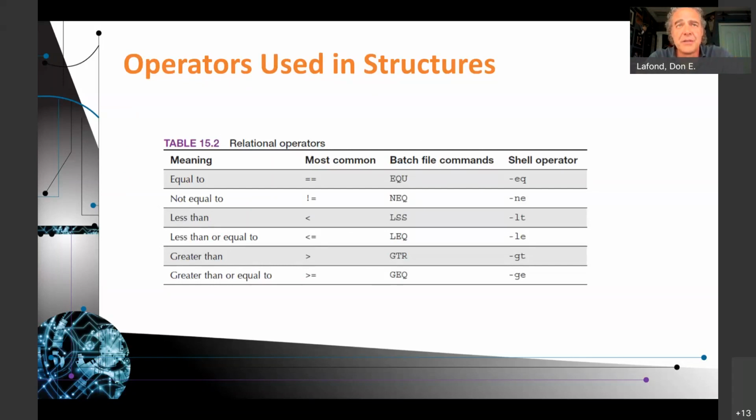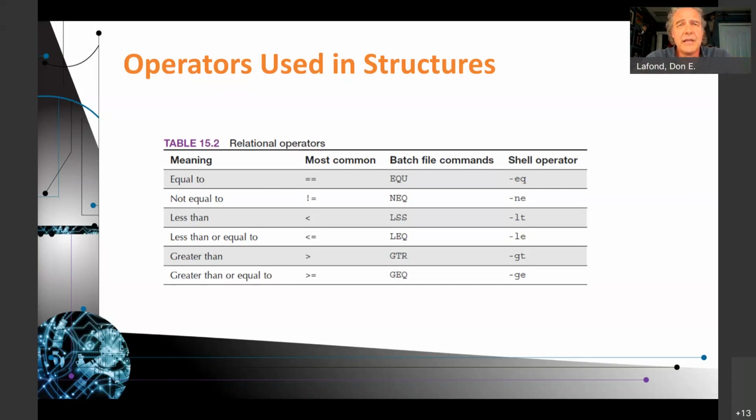Remember, I told you, it doesn't literally mean equals. It means put this in that other location, in that memory location. Then we need something for when we do want to indicate equals. The most common operator for that is the double equal sign. The batch file command is EQU, and the shell operator is -eq.